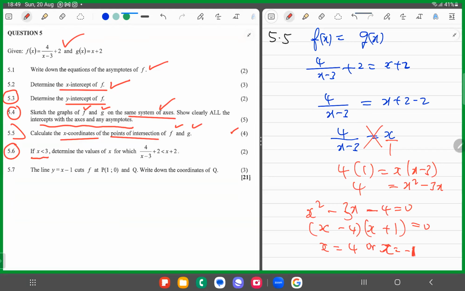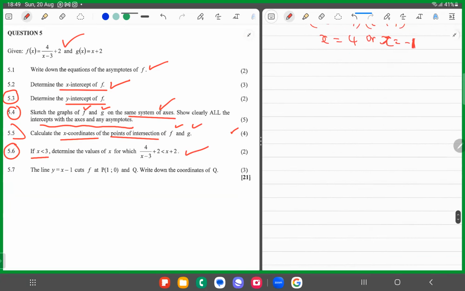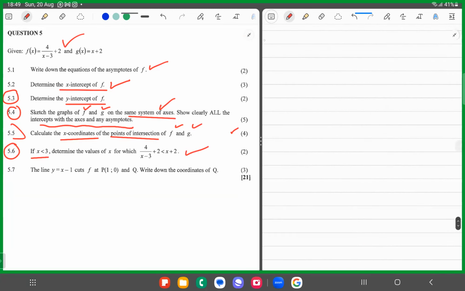If x is less than 3, determine the values of x for which this is the case. So in 5.6, right, let's analyze these together.